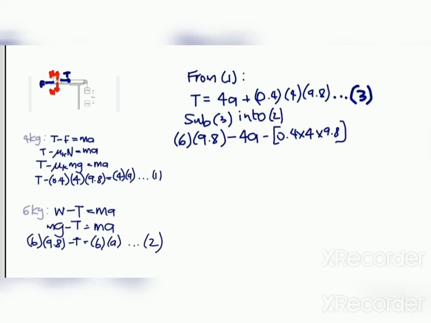And that is equal to 6A. So from this equation, we can solve for A because now we've brought it down to just one variable, which is the acceleration. And we get a value of 4.312 meters per second squared.